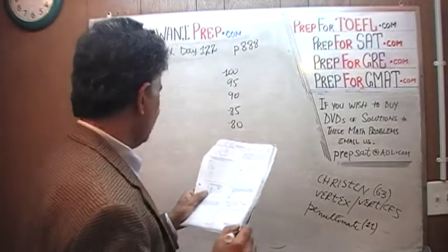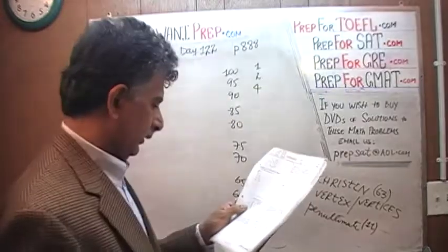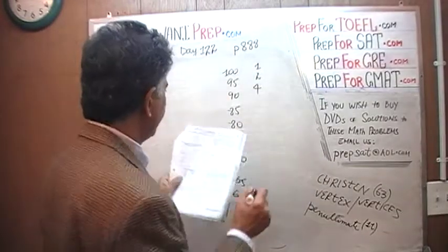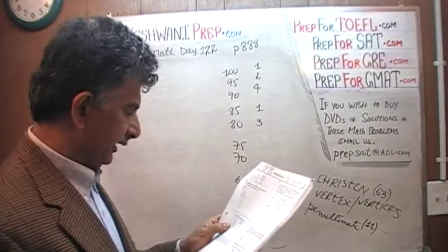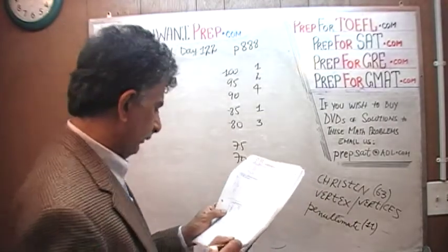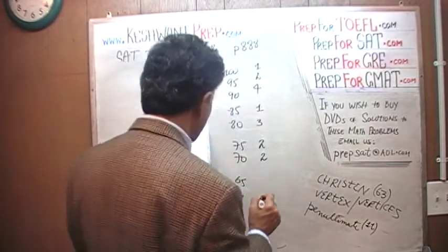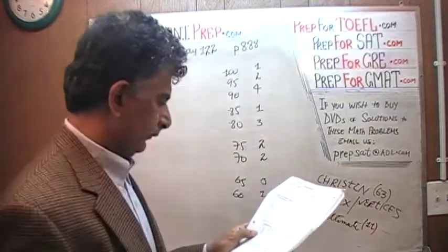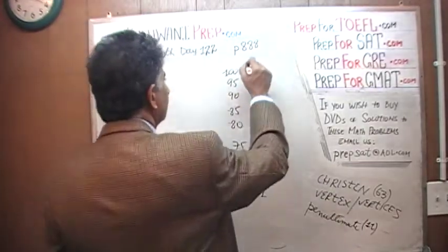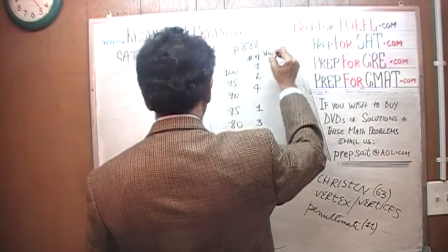And we have 1, 2, 4, then we have 1, 3, then we have 1 at 85, 3 80s, then we have 2 at 75 and 2 70s, and then we have no 65s and 1 at 60. So these are the number of students and this is their score.